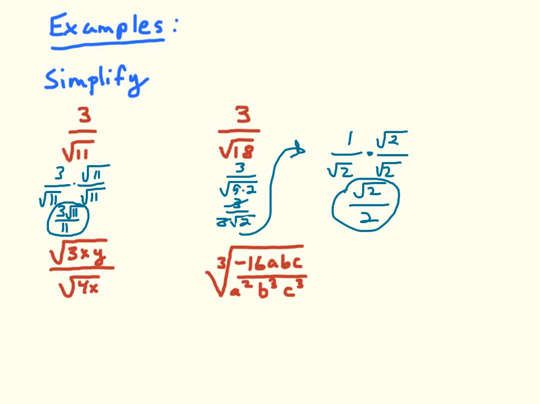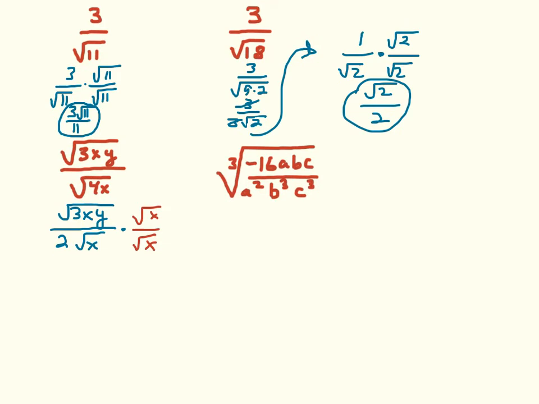In this next one I have the square root of 3xy over the square root of 4x, so I'm going to leave the numerator alone for a second. No perfect square factors there. I do have a perfect square factor in the denominator, so I'm going to take that out. Then I'm going to multiply by the square root of x over the square root of x, and that's going to get me the square root of 3x squared y over 2x.